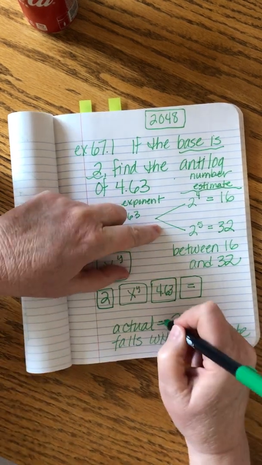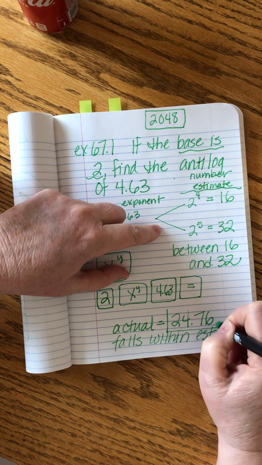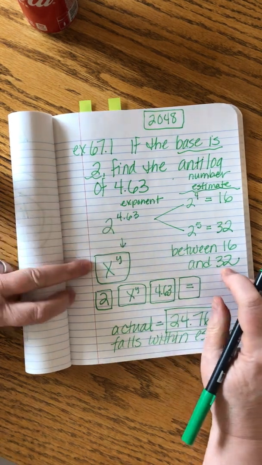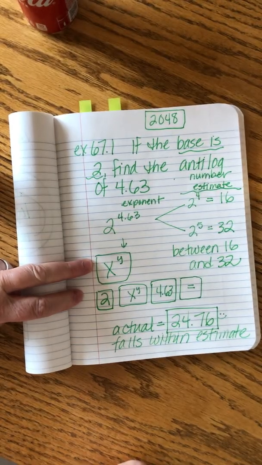John is really big on this idea of estimate before you calculate, and I agree with him, because once we start pushing buttons on a calculator, all of our math common sense goes flying out the window. It happens to all of us, John and myself included. We stop thinking about the calculation and we just think about pushing buttons, okay?